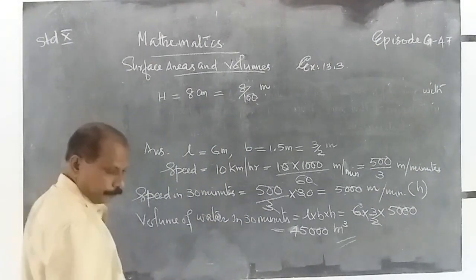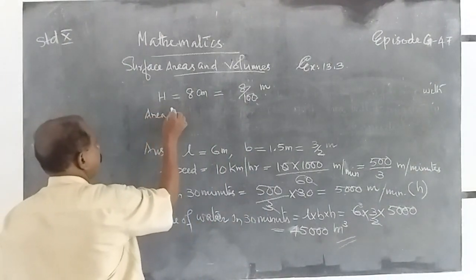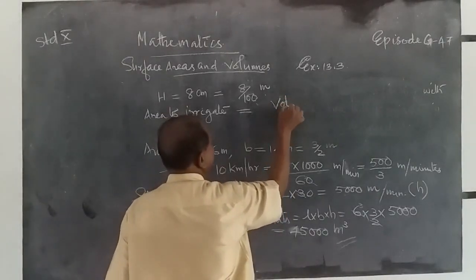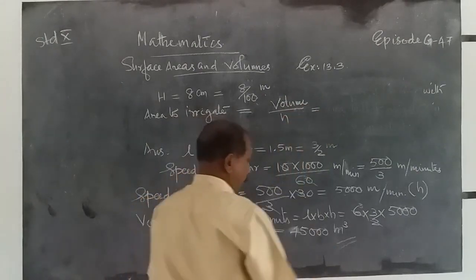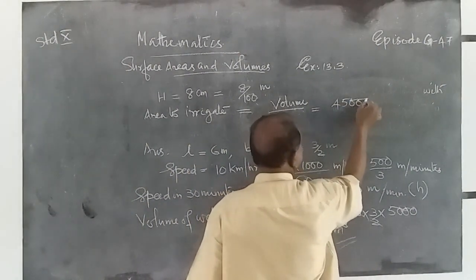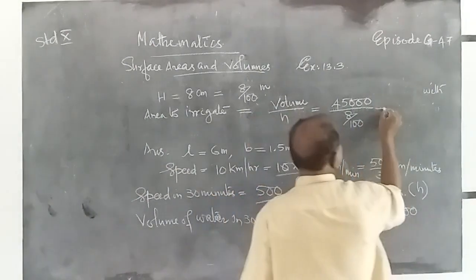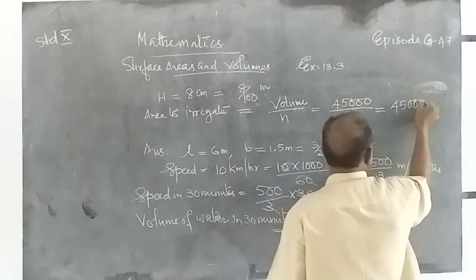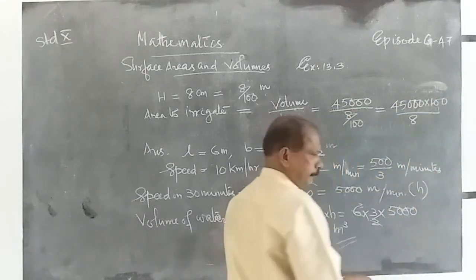Therefore area is equal to volume by height, that is 45 with 3 zeros divided by 8 by 100, which is equal to 4500 into 100 by 8.